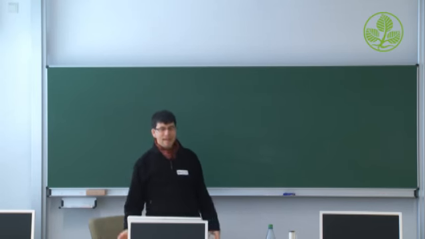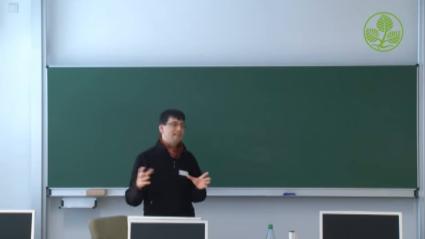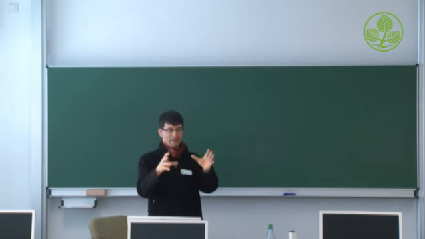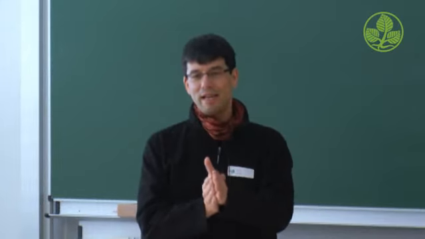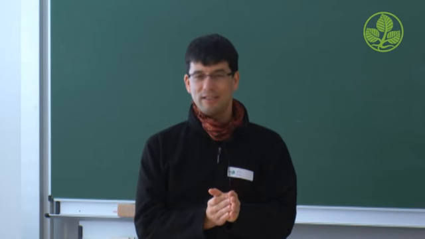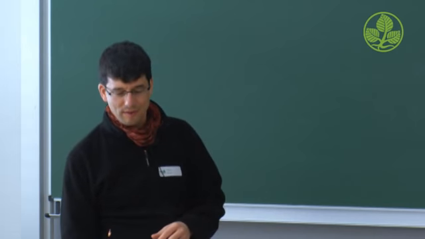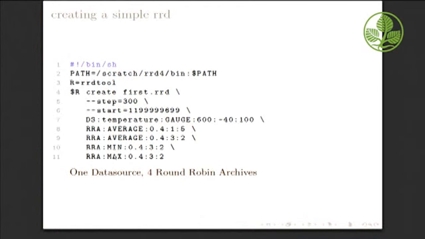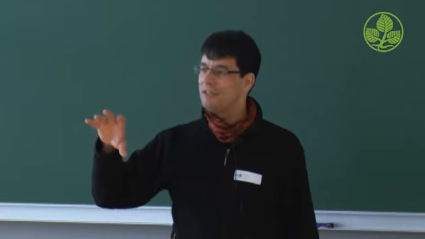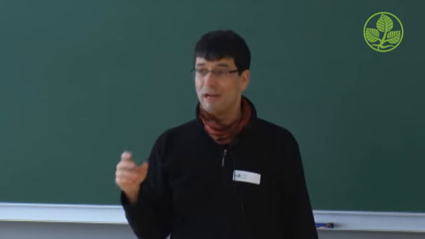And as RRDtool archives are consolidating several samples into one slot in the archive, you can tell them how they should consolidate the data. There are different consolidation functions available. The most common one is probably average, but you could also use the min or the max function to keep the minimum value or the maximum value, which can also be interesting if you want to guarantee certain round trip times, for example.